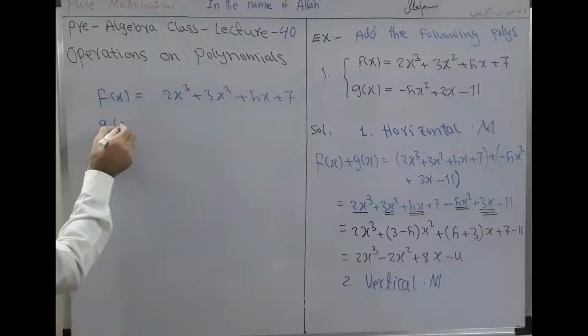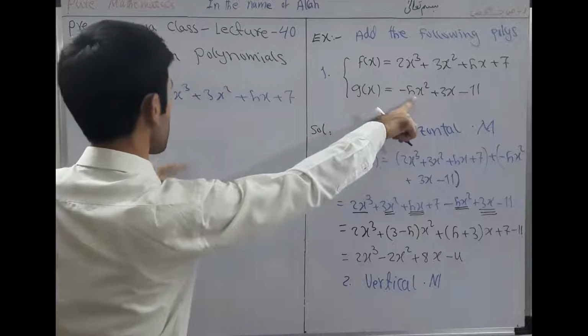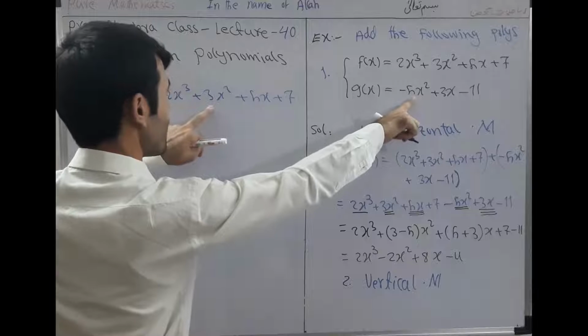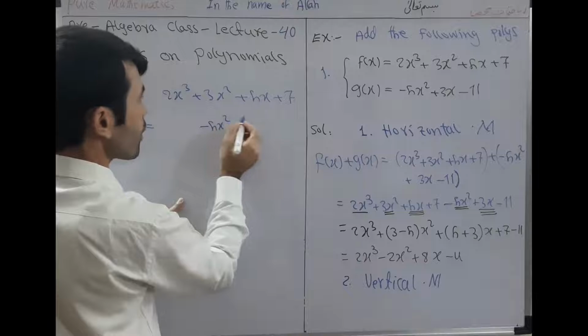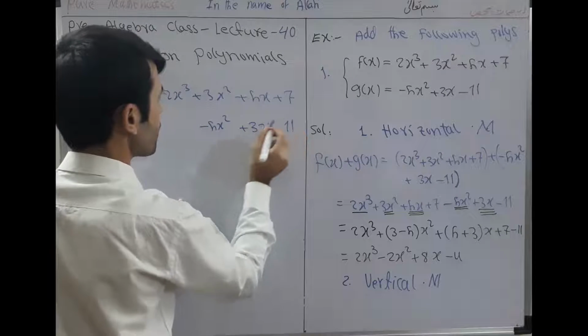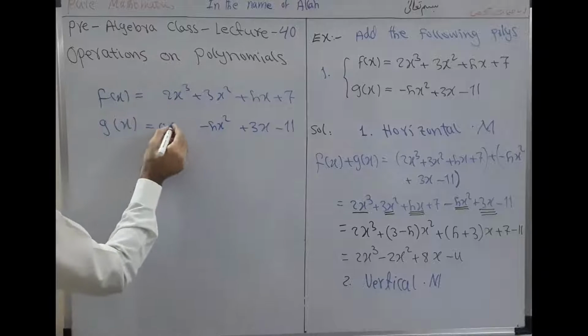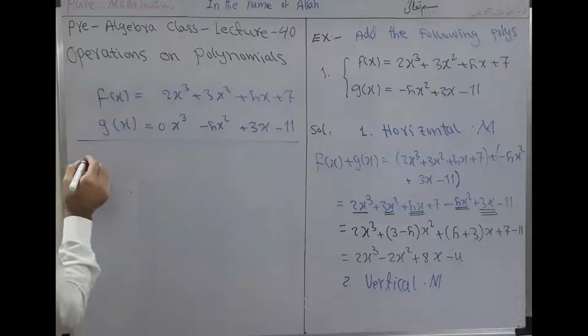Now g of x is equal to minus 5x square plus 3x minus 11. We have to write like terms under each other. Here we can write 0 into x cube. We can write like this. Now we want to add these two.